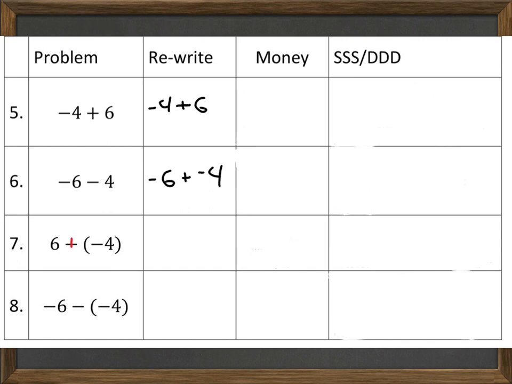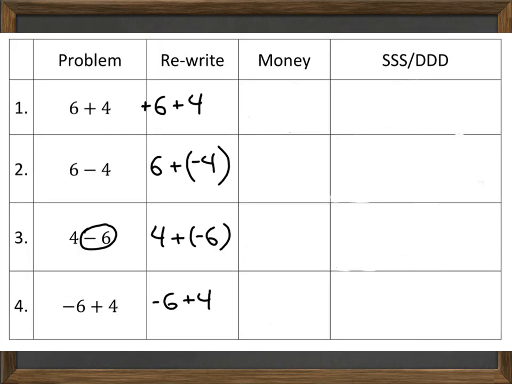I have to rewrite this as 6 plus positive 4, or more simply, just 6 plus 4. And last but not least, I have negative 6 minus negative 4. Again, I have to rewrite this before I move on. I have to rewrite it as negative 6 plus positive 4. So negative 6 plus 4. Okay, so that is my rewrite method.